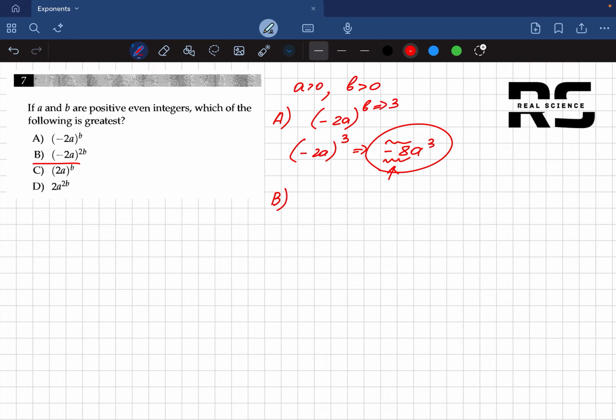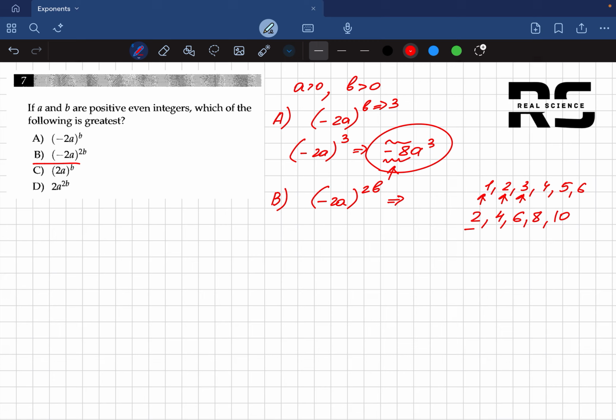Let's look at B. It has minus 2a to the power of 2b. So what is special about this B option, which is our correct answer, is basically we have 2 here. The thing is, when we multiply any number by 2, let's say 1, 2, 3, 4, 5, 6, any number, if we multiply it by 2, that's going to be 2, multiplied by 2, that's going to be 4, multiply that by 2, 6, 8, 10.